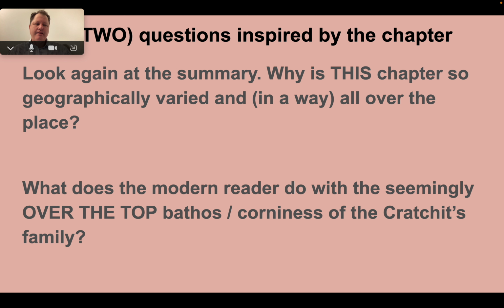And Dickens very rarely, if ever, in any of his novels, creates characters like this without a little darkness. And the darkness in the Cratchits' life is Tim, the Cratchits' handicapped son, who probably has rickets or something like that.